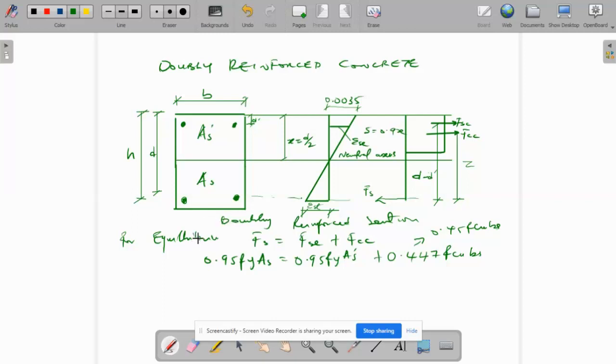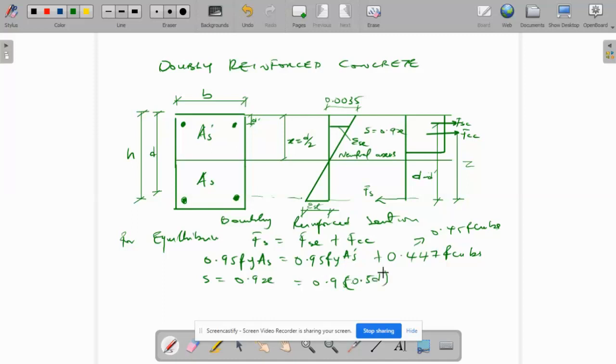So s equals 0.9 brackets, and this x is 0.5d, or d over 2.